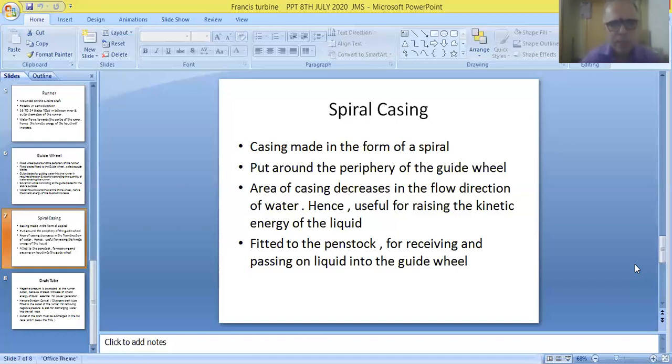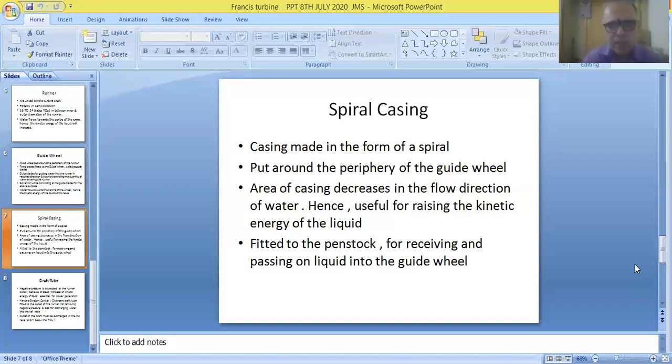So friends, the inlet of the casing is fitted to the penstock. It will be receiving the entire quantity of water coming from the penstock, raising the kinetic energy of the liquid, and discharging the entire quantity of liquid onto the guide wheel mechanism. Here energy conversion is taking place in three stages.